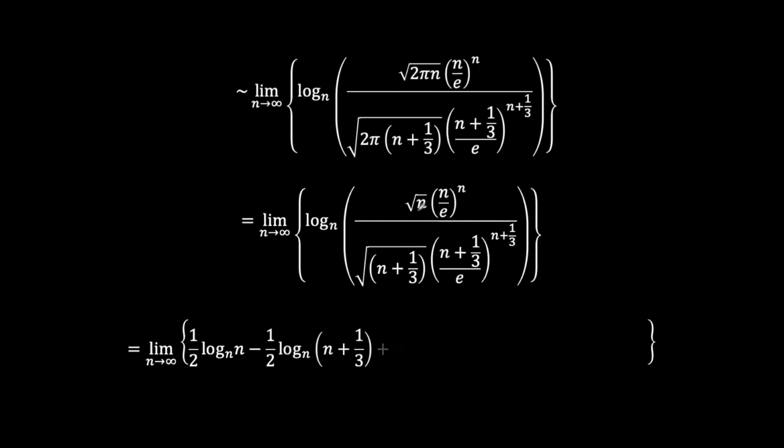So for example, here, square root of n is the same as a half of log to the base n of n, minus, since this is also a square root, a half of log to the base n of n plus 1 over 3, plus, since this is the power, n times log to the base n of n over e, minus, getting back the denominator, n plus 1 over 3 times log to the base n of n plus 1 over 3 over e, right?